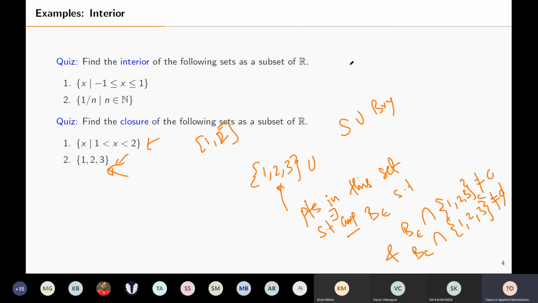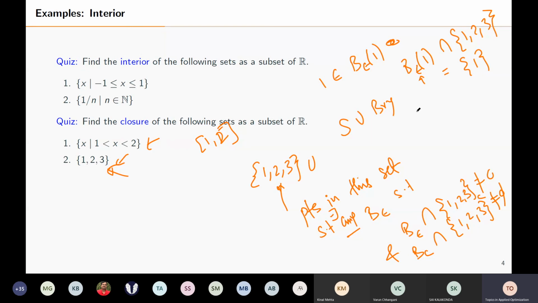So no matter how small a ball I take, B epsilon 1, it does contain 1, because 1 is the center. So B epsilon 1 intersected with 1, 2, 3 for any epsilon does contain 1.